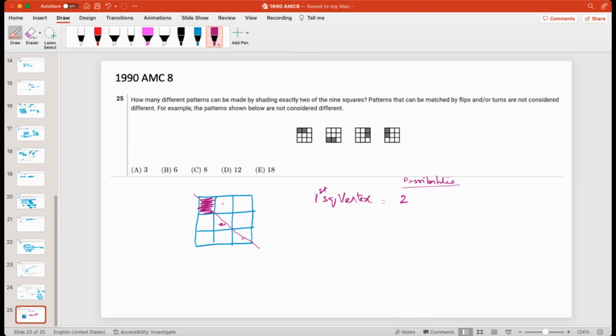Now if it is here, I have one possibility, two possibilities, three possibilities, correct? Non-diagonal. I have three here also, but because this is symmetrical, I cannot count this. So I'm going to put 2 plus 3. I have five possibilities here.